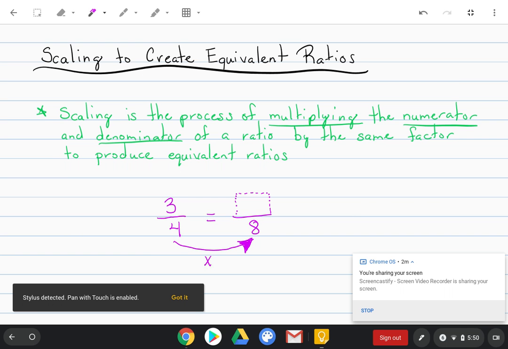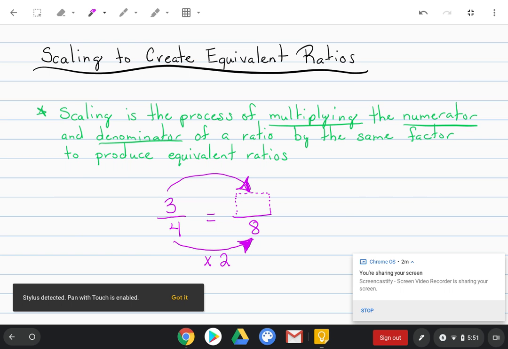You're right, it is 2. 4 times 2 is 8. So basically, what I've done to the denominators, I've multiplied 4 by 2 to get 8. I'm going to also do the same thing in the numerators, going in the same direction. Notice I'm going from the 3 to my empty box.